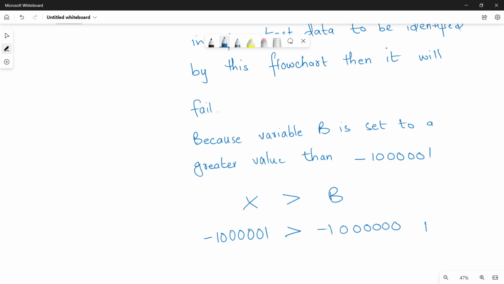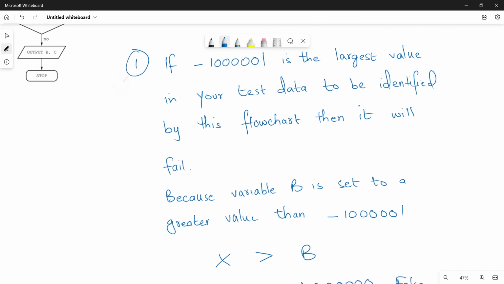This condition will be false. So you cannot modify the value of variable b. I hope that you understand this point.